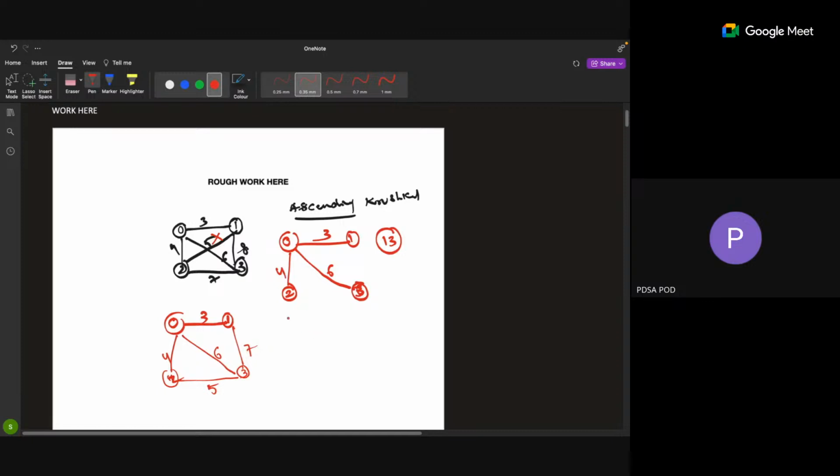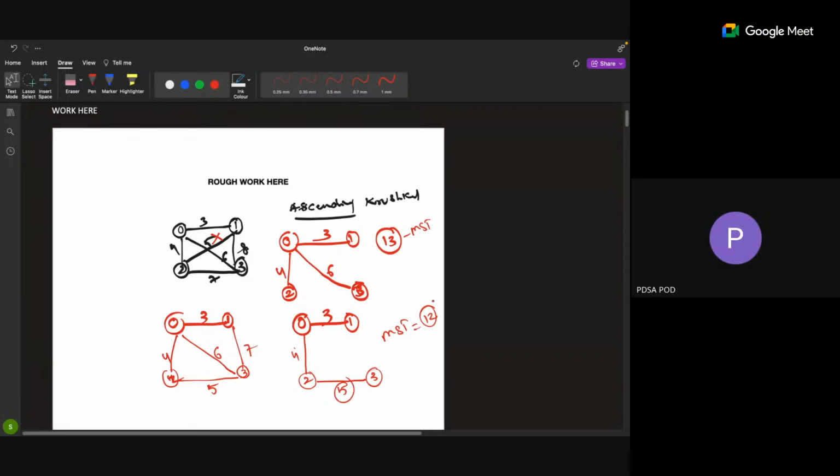In this case 0 to 1 is selected, it's a 3. 0 to 2 is selected because the second edge doesn't create a cycle between 3 vertices. Edge 5 is also selected, no problem. In this case, what is the MST value? 12, no? 12.